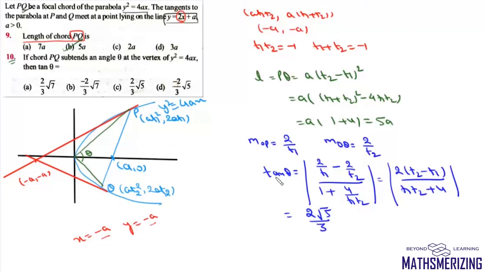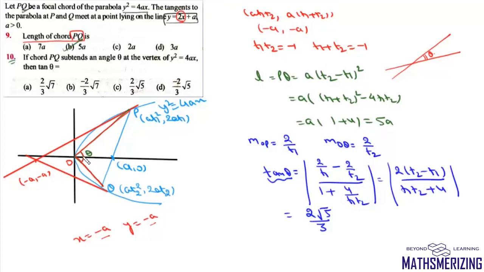Now the problem is we use this formula to find angle between two lines. We always find out the acute angle between the two lines. But here in this case, we are not talking about two lines. Here we are talking about these line segments OP and OQ. So we need not find this acute angle. We have to find this exact angle theta between POQ.